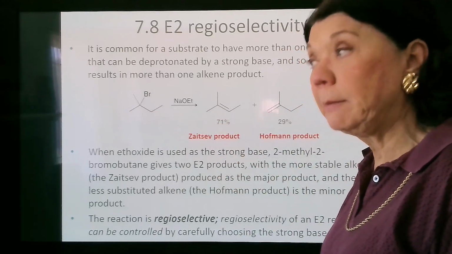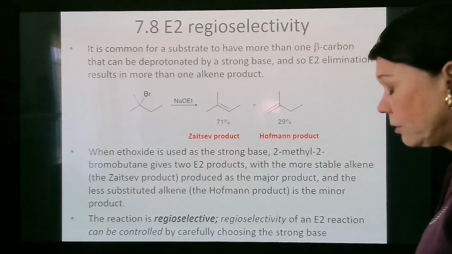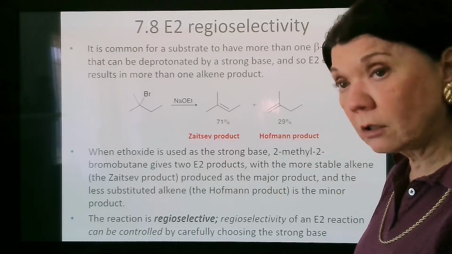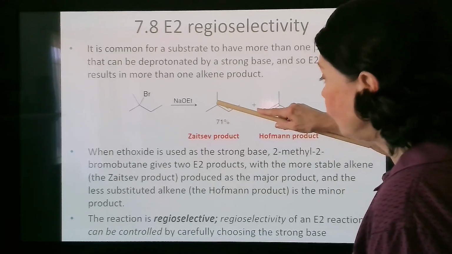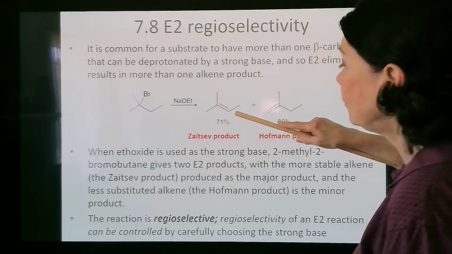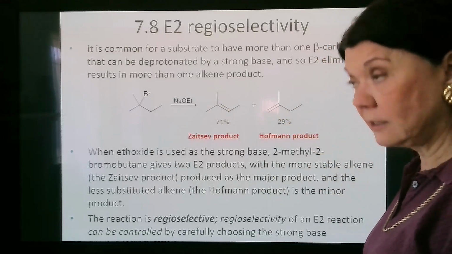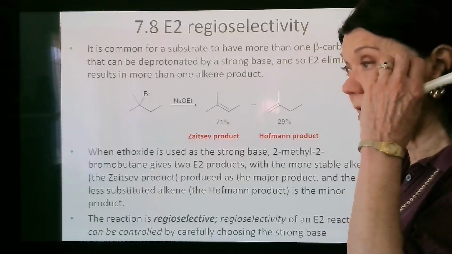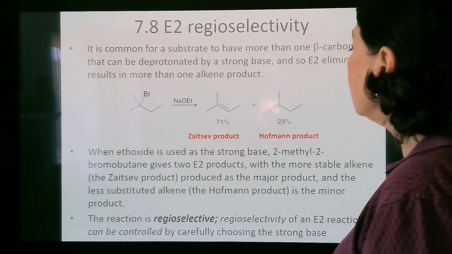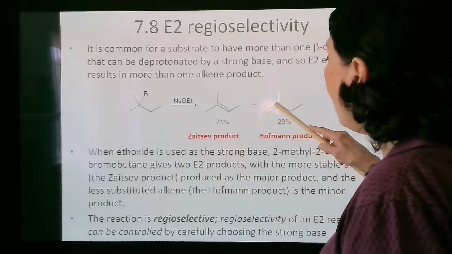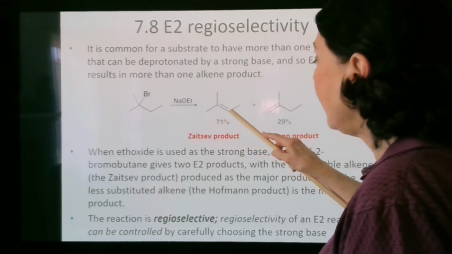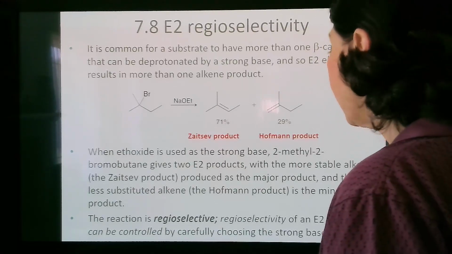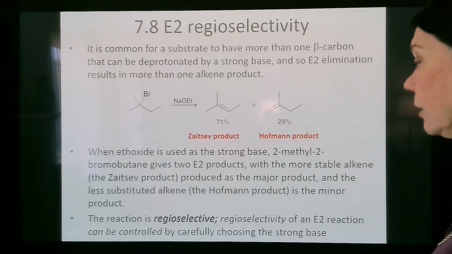That's a regiochemical consideration, because you're talking about which region of the molecule the double bond was formed in. So that's regiochemistry. It has nothing to do with cis or trans or Z/E. It's just which region of the molecule. So this is a 1-butene. This is a 2-butene. Okay, that's the regiochemistry. And this is a regioselective reaction.